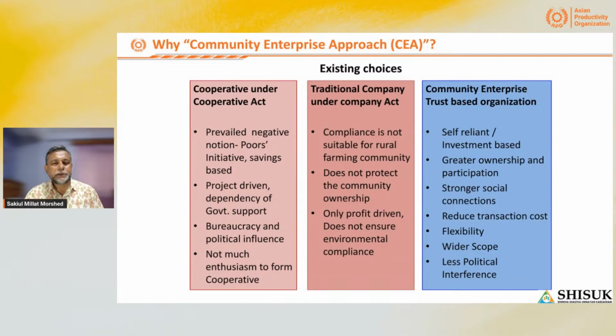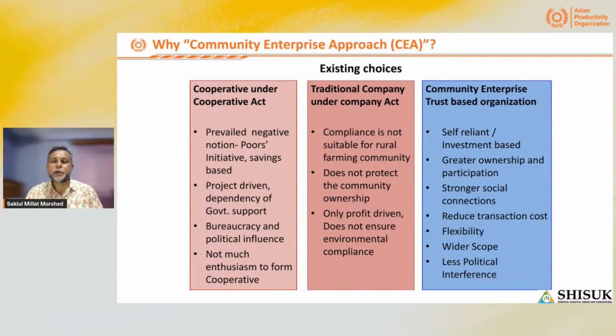The bureaucracy and political influence issues are also there. For many decades, since the 60s, people have been doing cooperatives, but it doesn't really change their fate. So there is no inspiration or enthusiasm among the people to go back to cooperative initiatives.